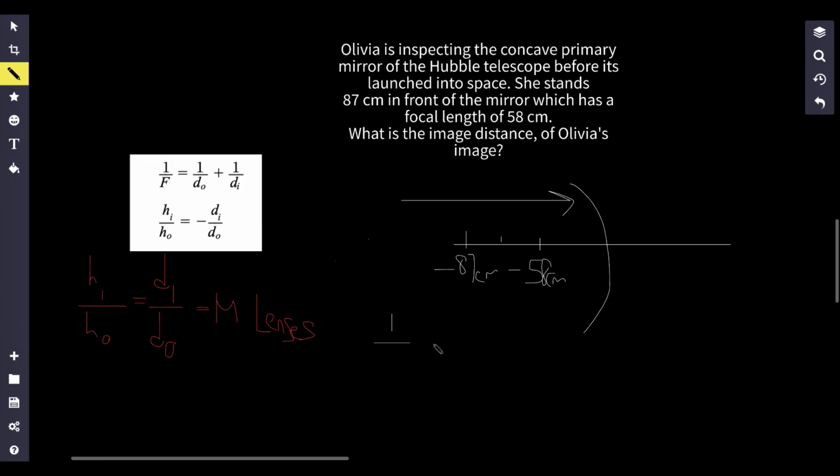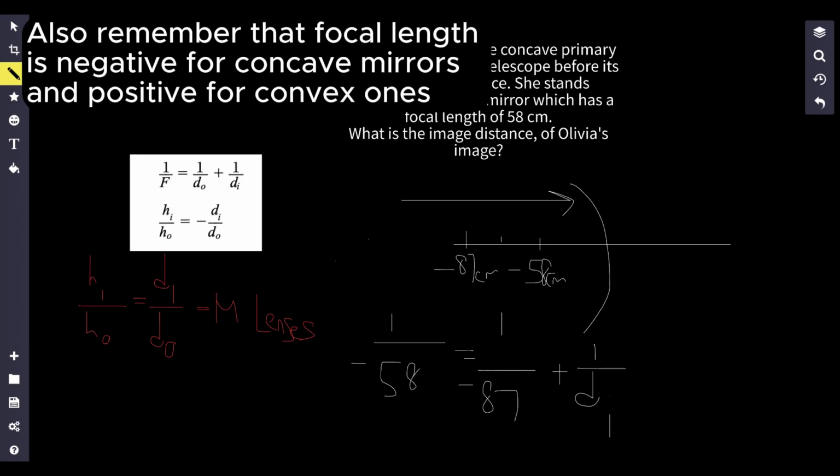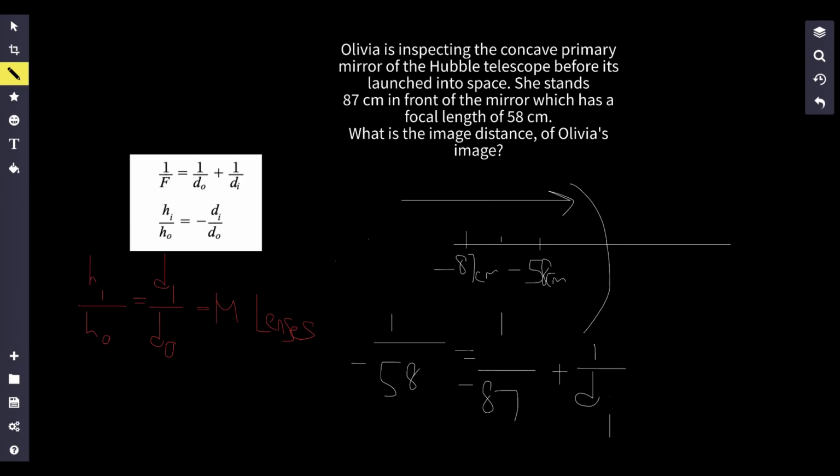So you're going to have 1 over the focal length, which is negative 58, equal to 1 over the distance of the object plus 1 over the distance of the image, which we don't know, so let's just put the distance of the image here. I put that into my calculator and I got that the image distance is equal to negative 174 centimeters.